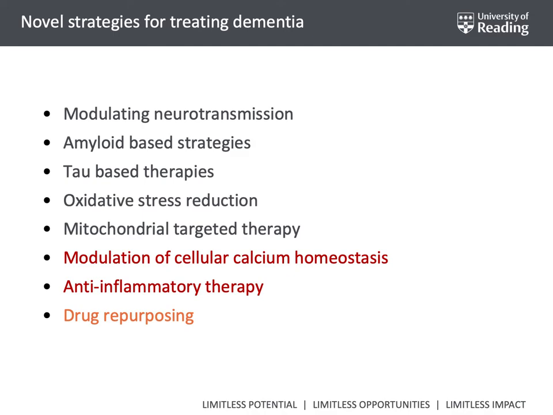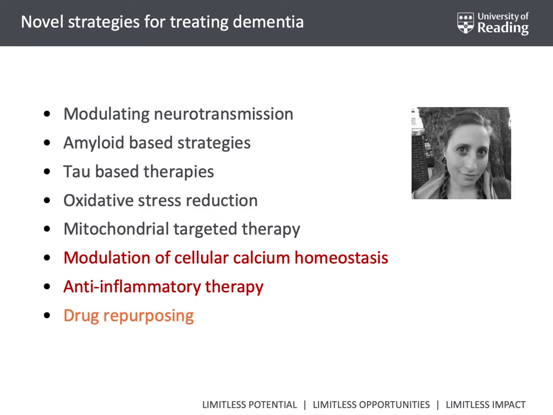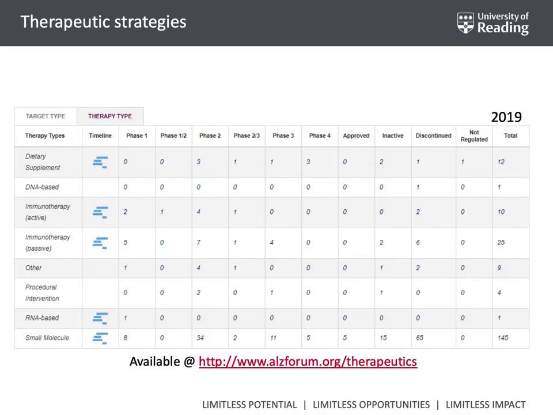Are there already drugs out there that could potentially have an impact in terms of that dementia diagnosis? And some of the drugs that people are interested in are those that treat diabetes. So can some of the diabetic drugs, metformin, actually have an impact in terms of stemming the tide in terms of dementia per se? So in terms of the strategies, this is just a table to highlight where we are.